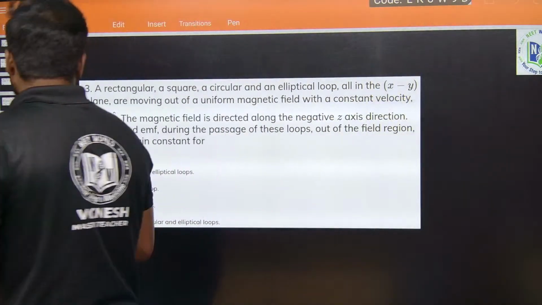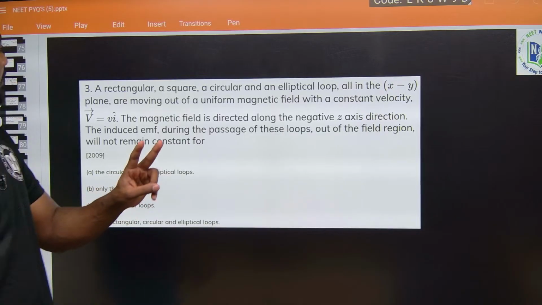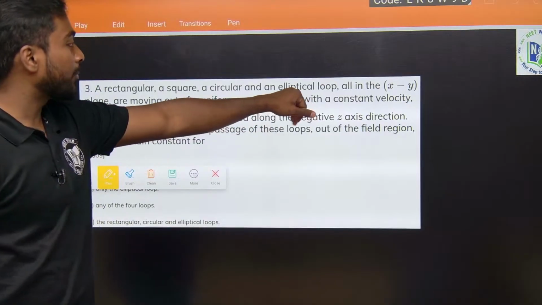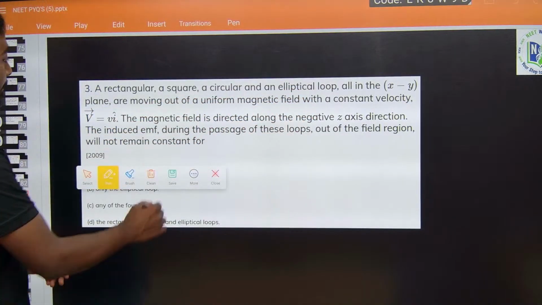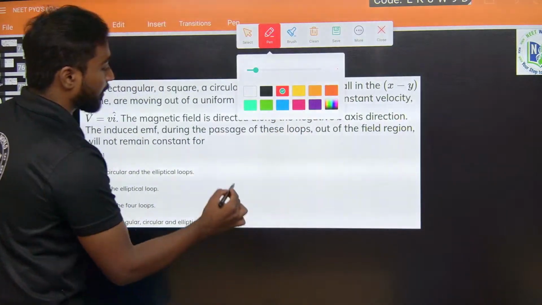So first of all, we need to understand that for square and the rectangle, it will remain constant. And for circle and elliptical, no. For circle and ellipse, it changes. Yeah, I'll write here.